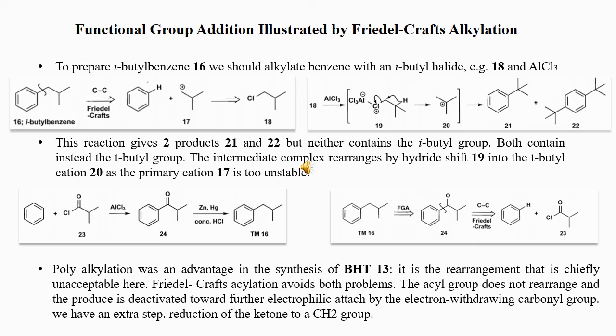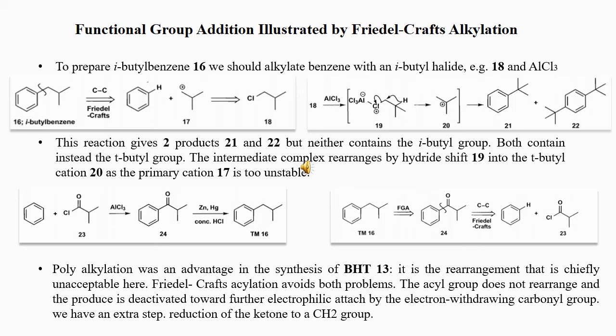So instead of that substituent which we needed, that is not producing the required compound, but it is adding a tertiary butyl group to our substrate benzene. One synthon you can see in the first disconnection there was 17.